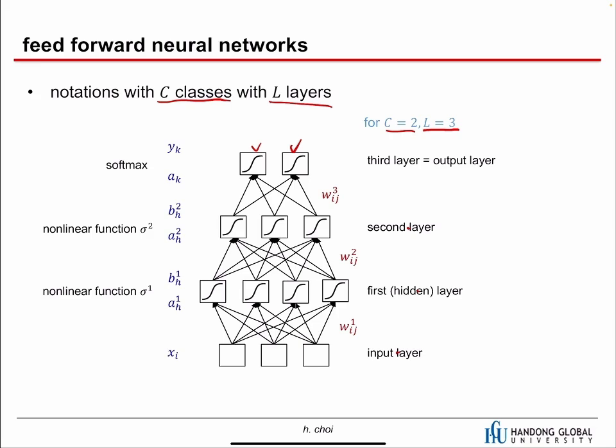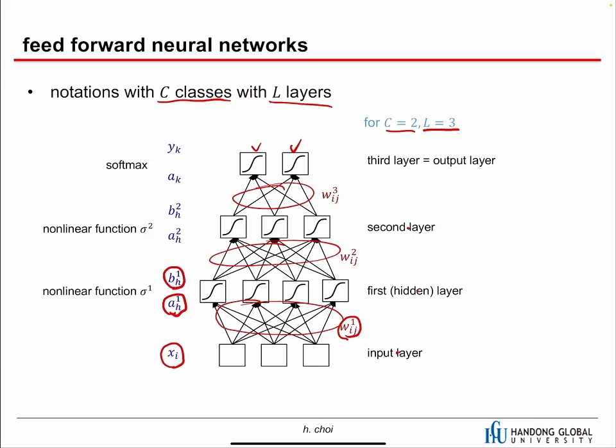So it looks like we have 4 layers, but you can just focus on layers 2, 3. And we have input X, and after applying this matrix, now we have A. A is right before applying the nonlinear function, and B is right after applying the nonlinear function.